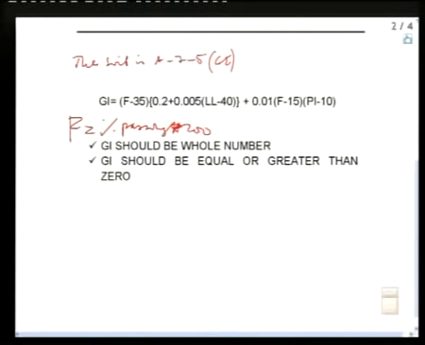The first example we solved, how much was it there? 65, right? So we put 65 minus 35, 0.2 plus 0.005, liquid limit was 35 minus 40, plus 0.01, 65 minus 15, 22 minus 10.